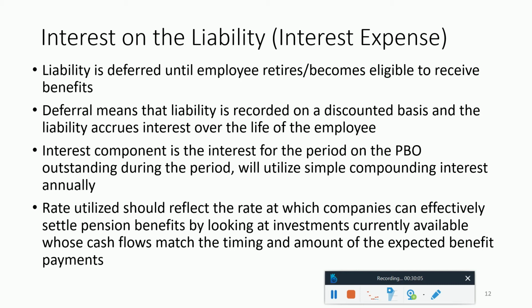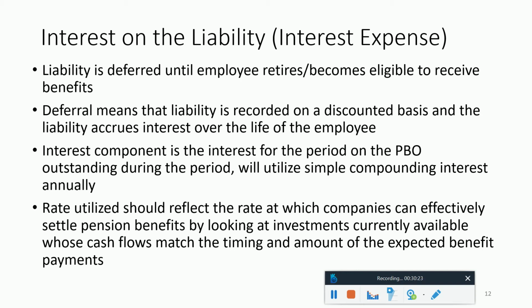So basically I'm looking for an investment that's going to give me an annuity with the first payout being 5 years from now and there being 10 payments. What is the interest rate on that investment? And whatever that interest rate is, that's what I should then use as my settlement rate.